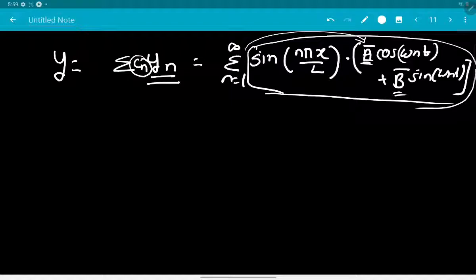Now here onwards we will have to invoke those initial conditions, that y at all x and time t equal to 0 should be equal to 0. So in that case we will be getting a summation of infinite sines and cosines, and we'll write it in this way.